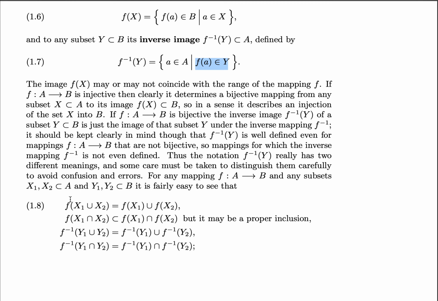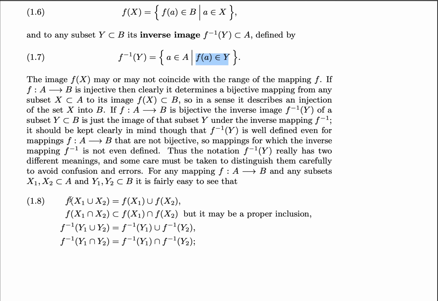The pre-image of the set {1} is the set {1, -1}. It may be worthwhile to figure out why that makes sense, but pre-images are well defined even for non-bijective mappings. And thus the notation we are using here is a little confusing, so you should be careful considering whether f inverse represents the inverse function or the pre-image, the inverse image of a set.